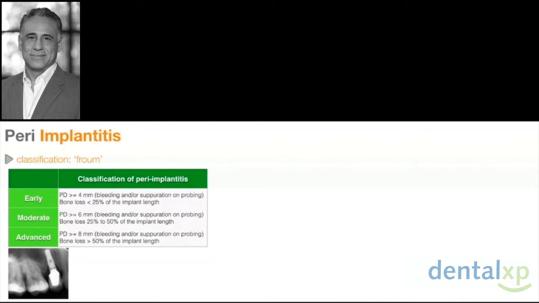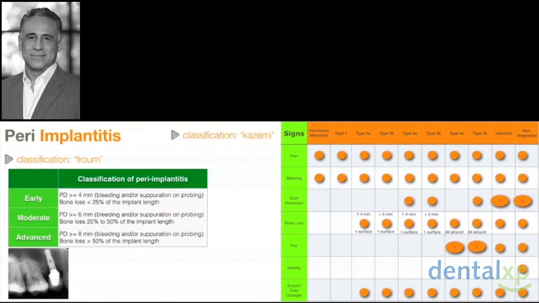When we started to look at the peri-implantitis cases in our practice over really the last 20 years, we started to look at more factors that I felt were more descriptive of certain situations.